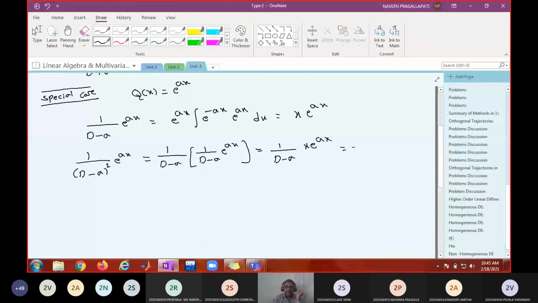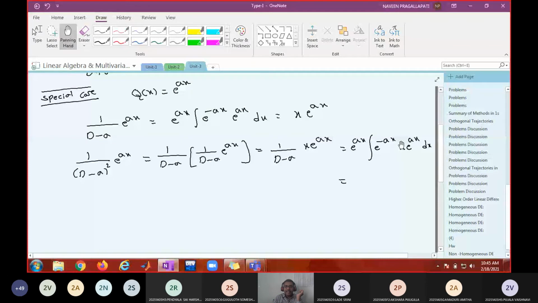So this is going to be e power ax into the integral of e power minus ax into what is Q now? x e power ax dx. Simplification: e power minus x and e power x get cancelled.